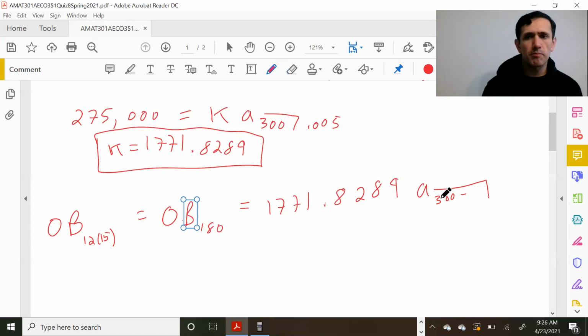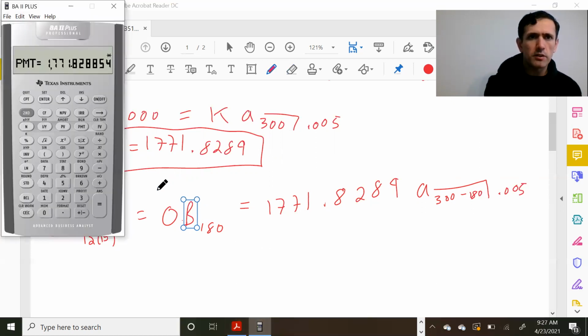The original number of payment periods minus what you're looking for, 180, at 0.005. So let's see what this is. 1771.8289, make that a negative payment, 120 N, 0.5 interest.